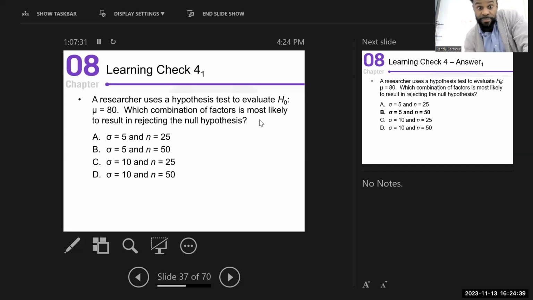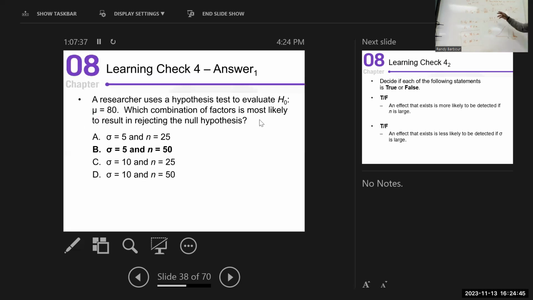Oh, this one. So for this one, what I did was up here we calculated our standard error first. I wanted you to see that using a standard deviation of 5 and then changing the sample size from 25 to 50, how that changed the result.